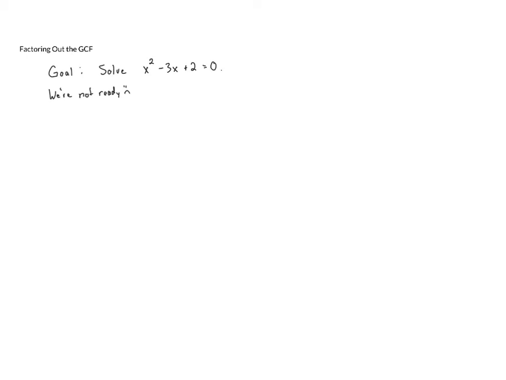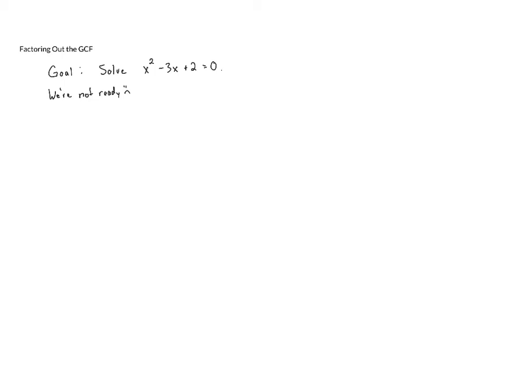You can take plenty of time if you want to pause the video and try and solve this using the methods that we've learned before. But the problem is that we have an x squared term and an x term, and they're not like terms, so we can't combine them. So we're going to be stuck with two different x terms no matter what we do, at least as far as the rules that we already know, with the tools that we already have.